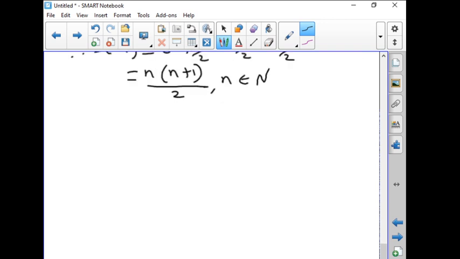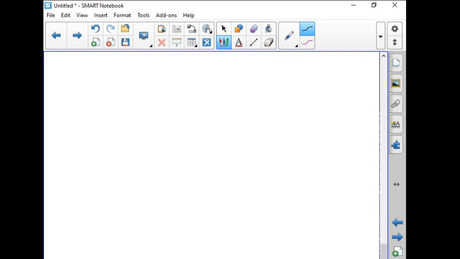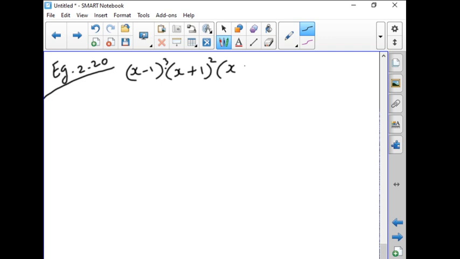Okay, now coming to the next example. Example 2.20. Find the roots of the polynomial equation x minus 1 the whole cube into x plus 1 the whole square into x plus 5 equal to 0 and state their multiplicity.